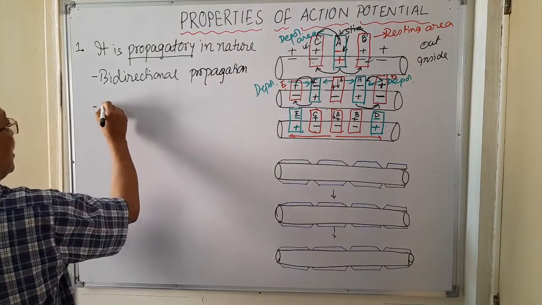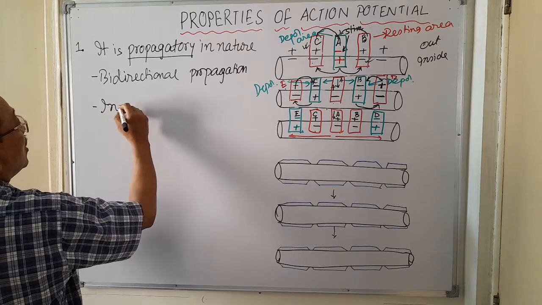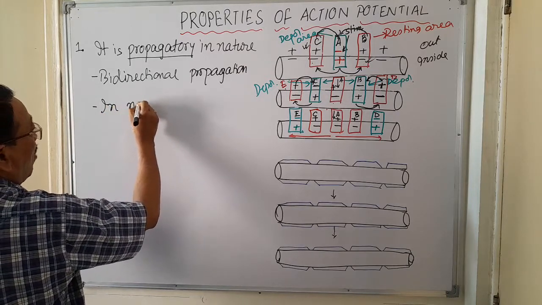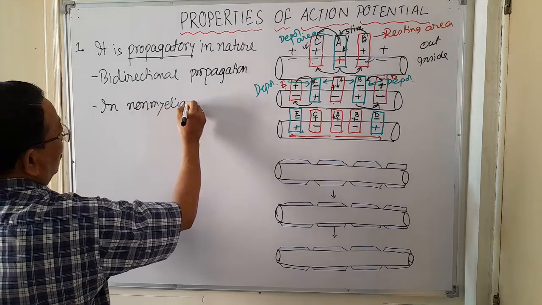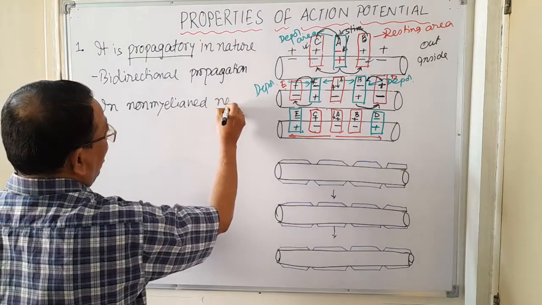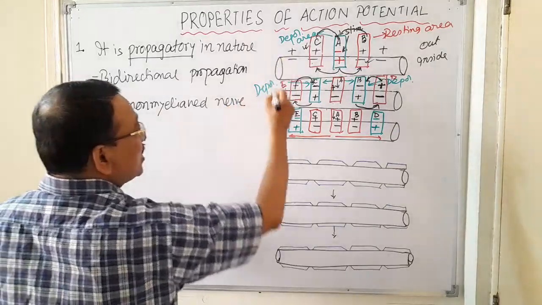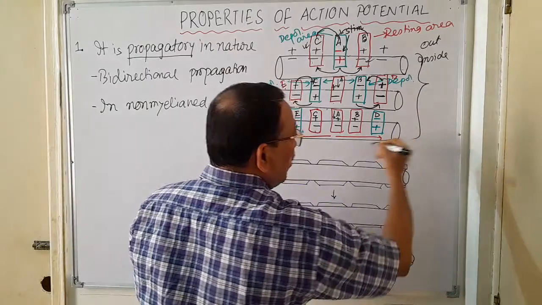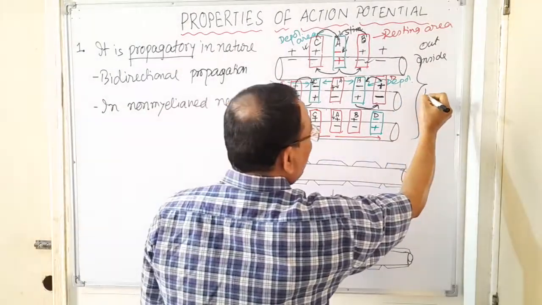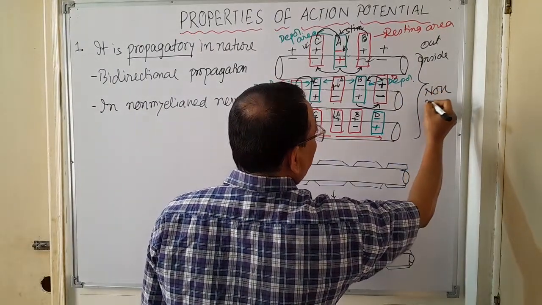And secondly, in non-myelinated nerve fibers, this type of propagation takes place. So this is the mechanism of propagation in case of non-myelinated nerve fiber.